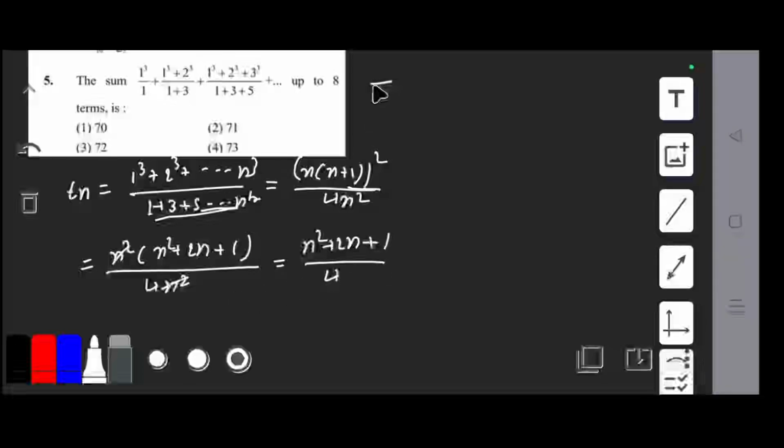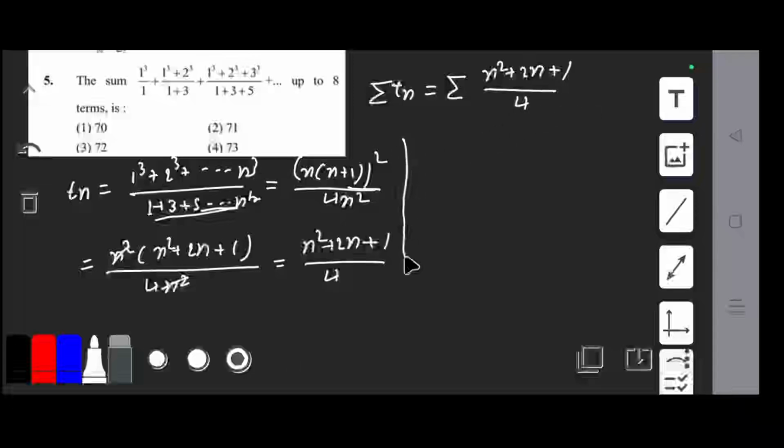We need sigma of Tn. First find the Tn. We need sigma of Tn, that is equal to sigma of n square plus 2n plus 1 by 4.